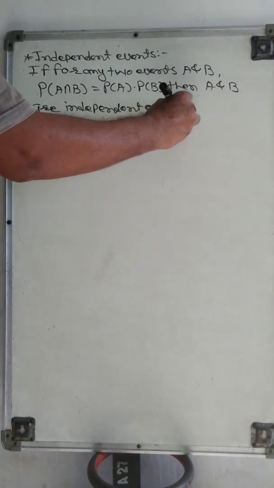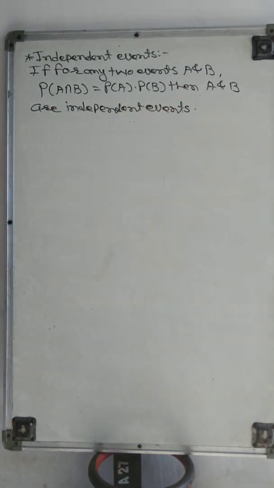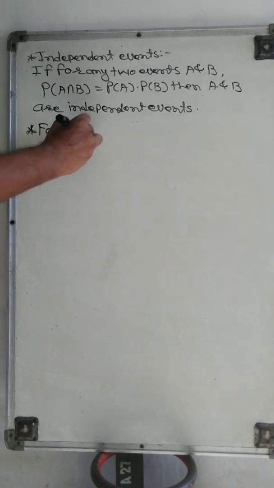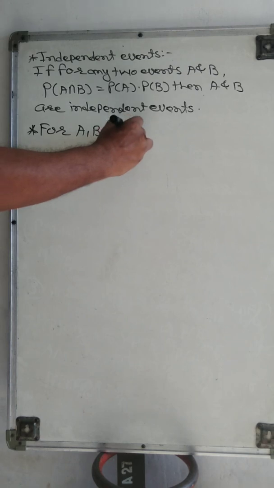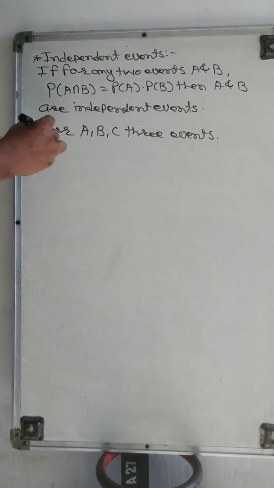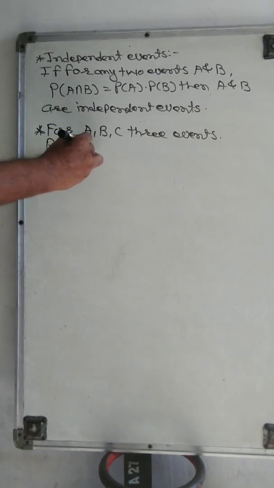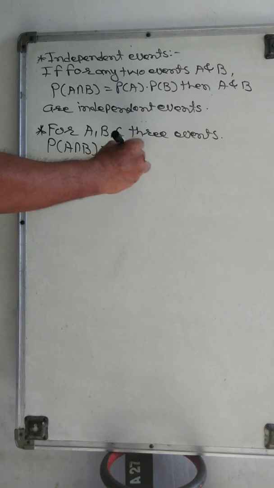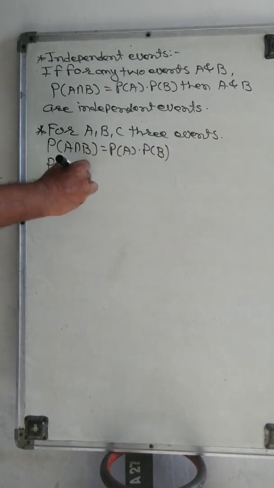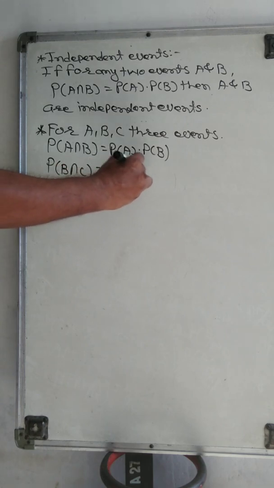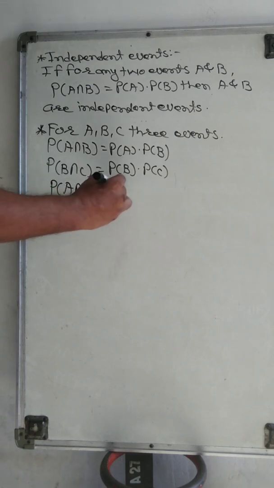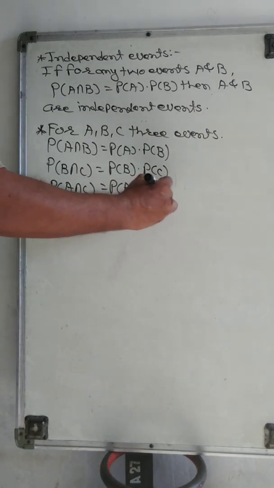Now for 3 events, if we take the 3 events A, B, C, then P(A intersection B) is equal to P(A) into P(B), P(B intersection C) is equal to P(B) into P(C), and P(A intersection C) is equal to P(A) into P(C).